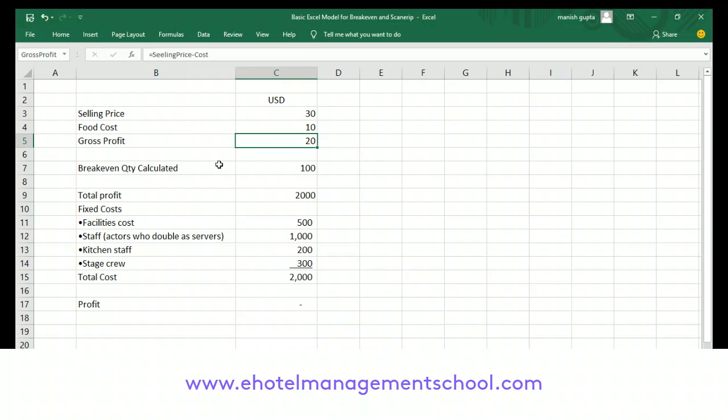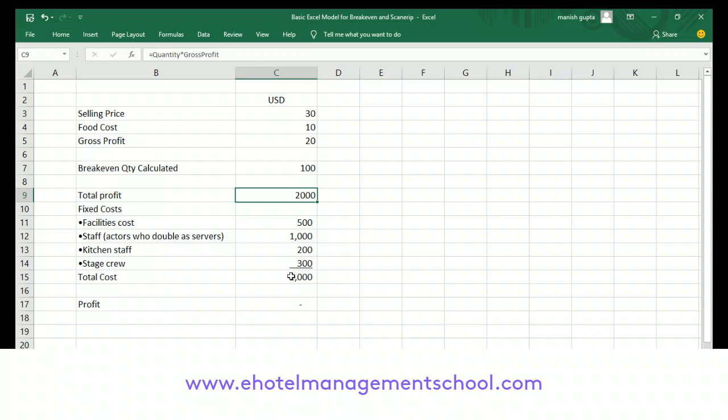So it becomes gross profit, and this break-even quantity is the break-even point. It's already there, so you can change the sum formula. When you change this, you will say quantity into gross profit. So the break-even total profit will be quantity into gross profit.